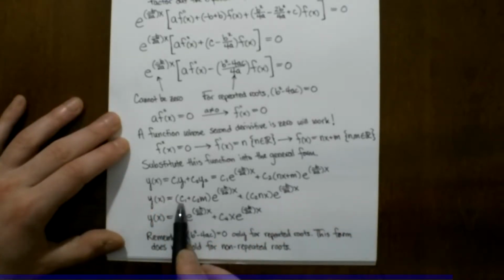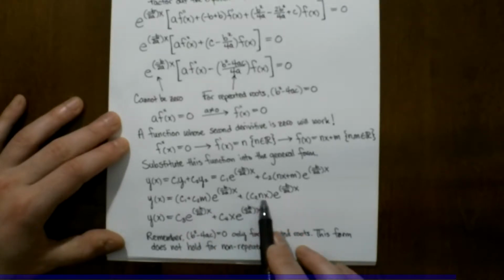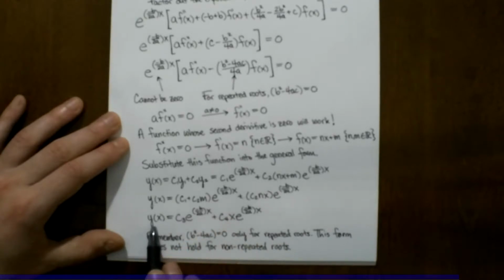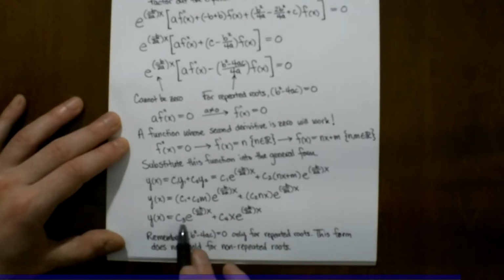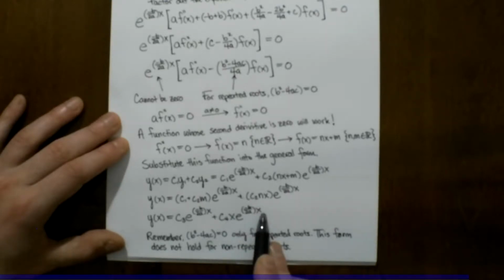And since these are all constants, and aside from the x, these are both constants, we can simply re-express this as the general form y of x equals c3, or some unknown coefficient, e to the negative b over 2ax, plus c4 times x, e to the negative b over 2ax.